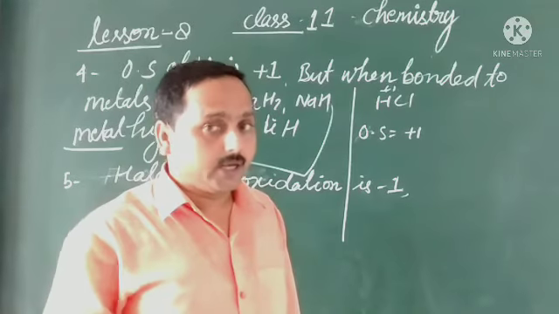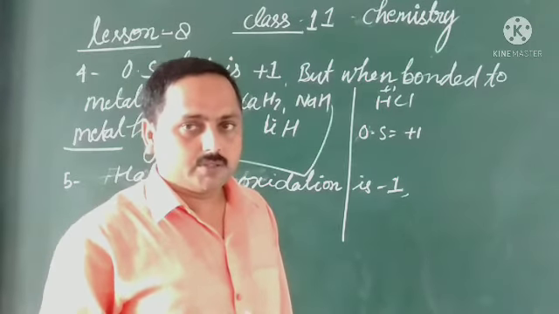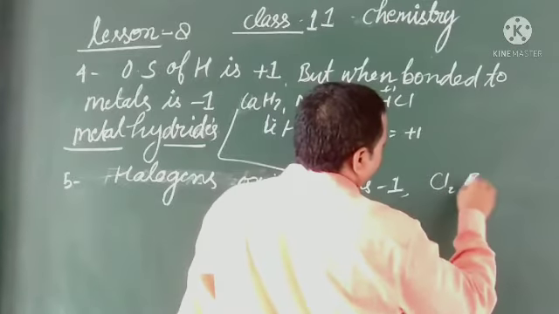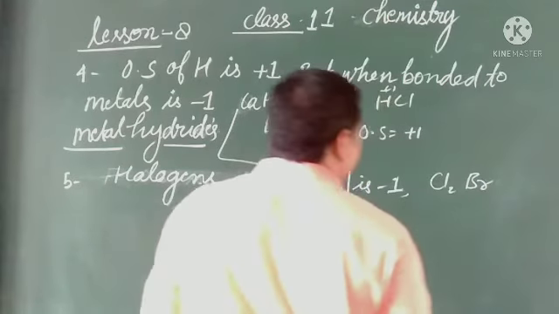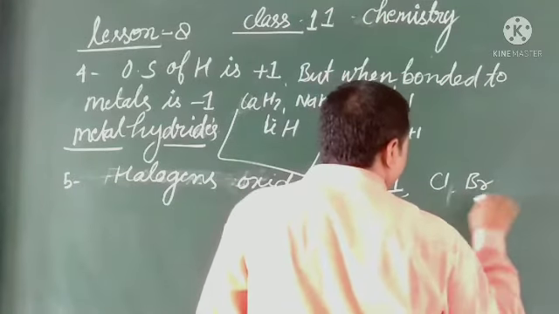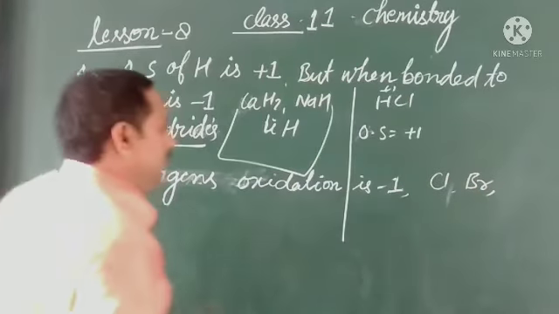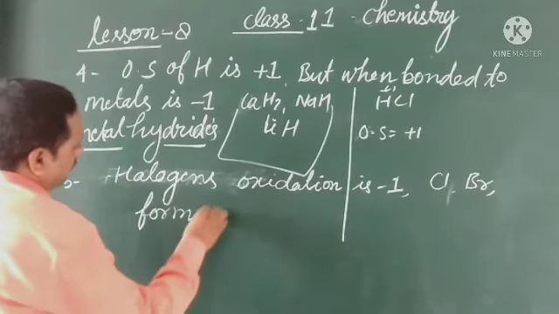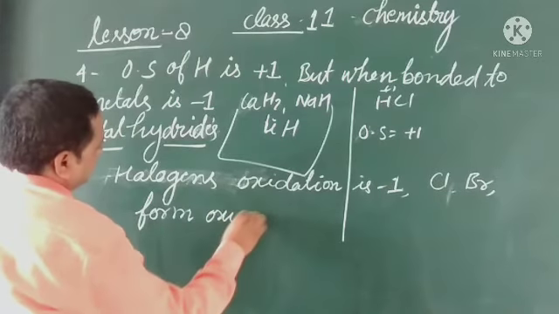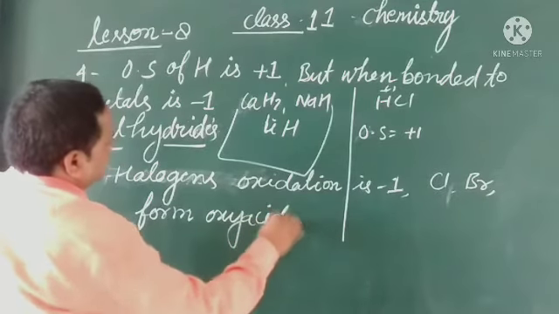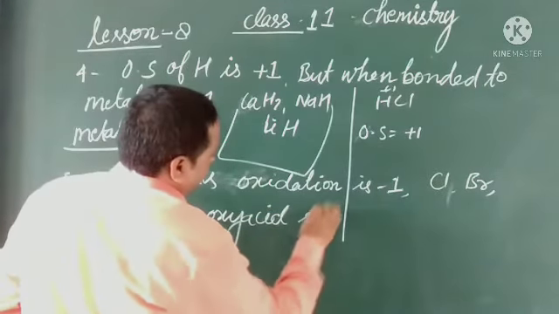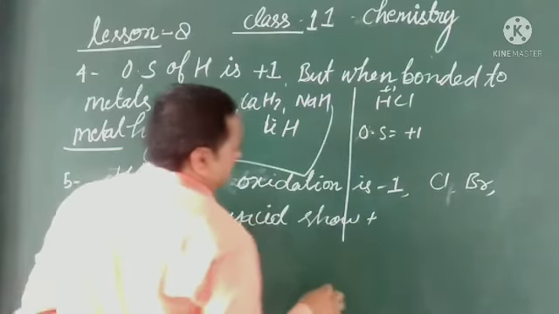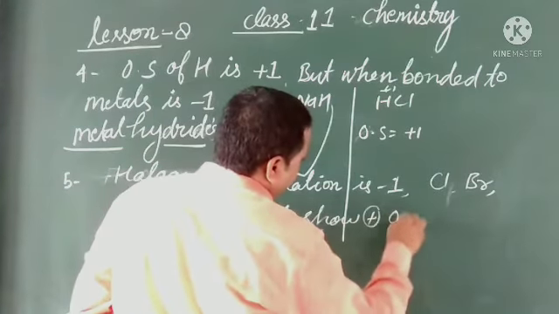But other elements of this group, like chlorine and bromine, in chloride and bromide form are -1, while in oxyacids they show a plus oxidation state.